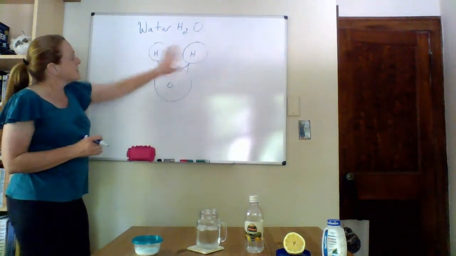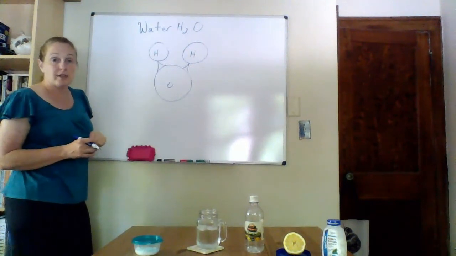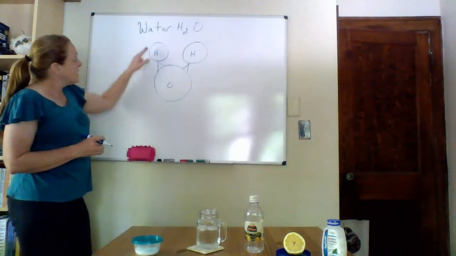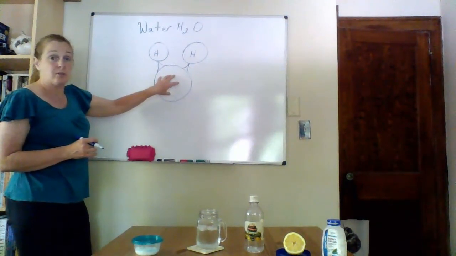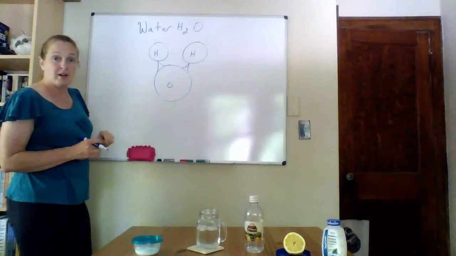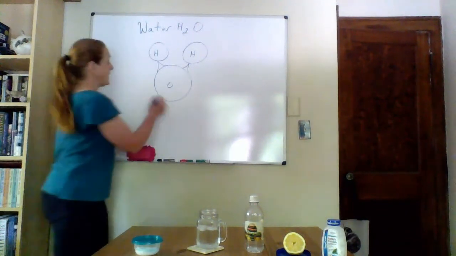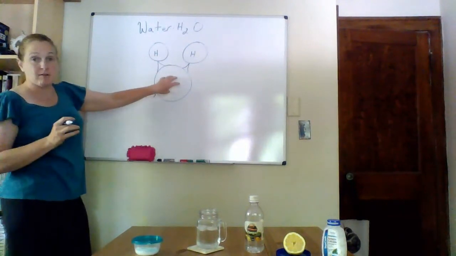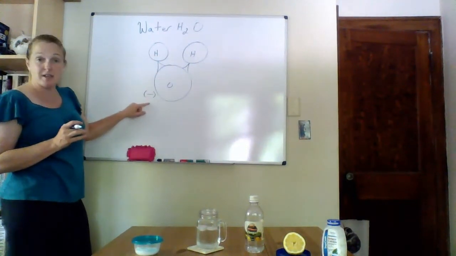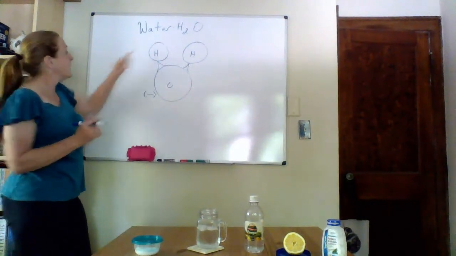And when these hydrogens engage in the covalent bond with the oxygen, those electrons are going to spend more time hanging out here at the oxygen nucleus than they will back home hanging out around their home nucleus. When we have more electrons spinning around the oxygen nucleus, that's going to make this side of our molecule more negative.